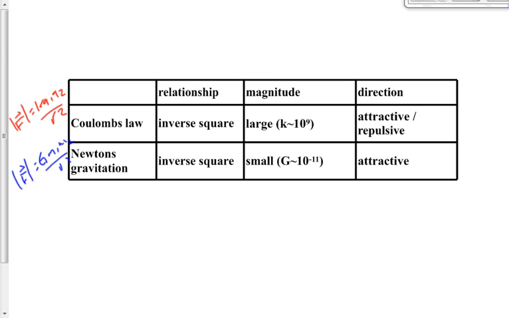Well, the relationship in both cases is what we call an inverse square relationship. In other words, if R increases, F decreases by a factor of R squared. So it's inversely related to the square of the distance.